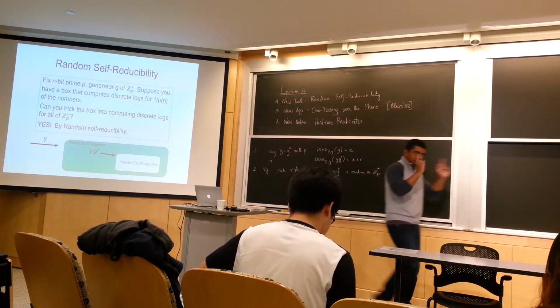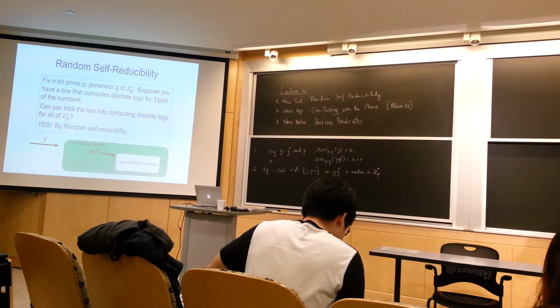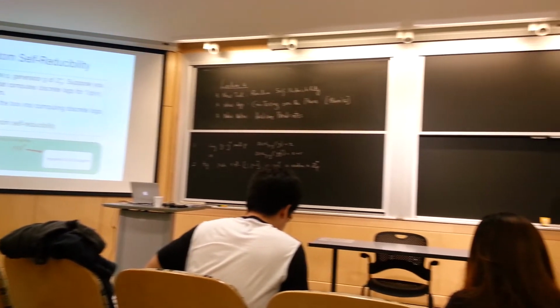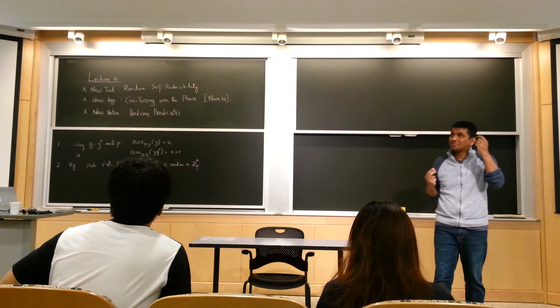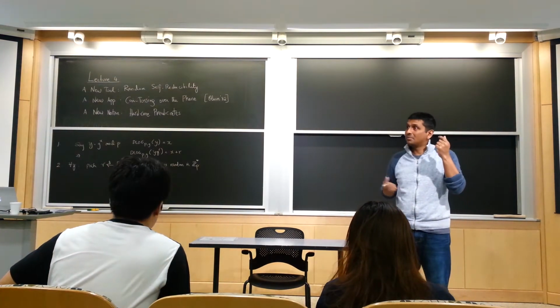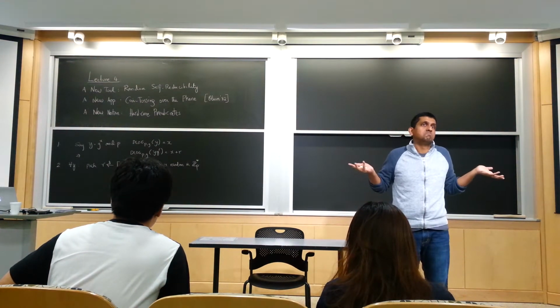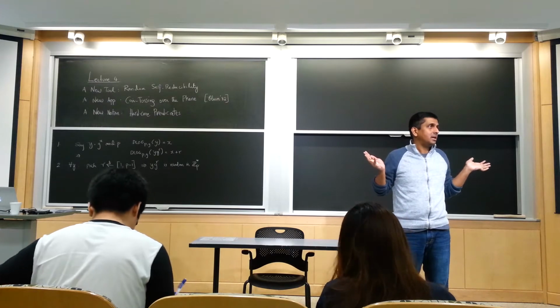If you pick r at random and compute g to the r, it's a random group element. And groups have this nice property that if you take any fixed element in a group and multiply it by a random element in the group, you get a random element. Groups are nice that way.